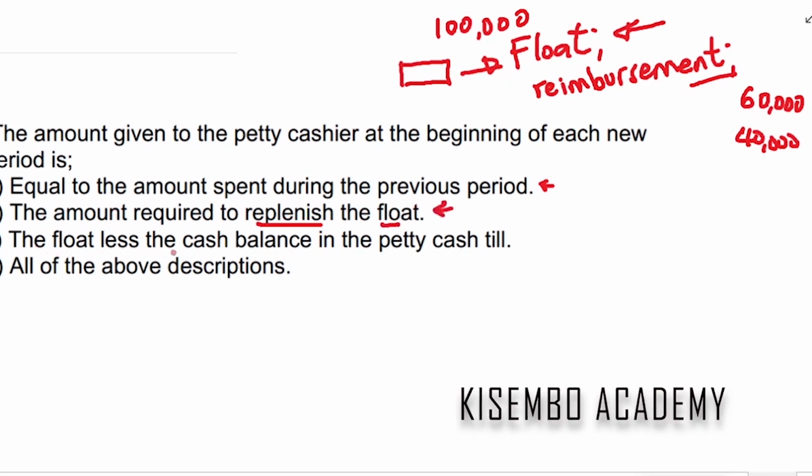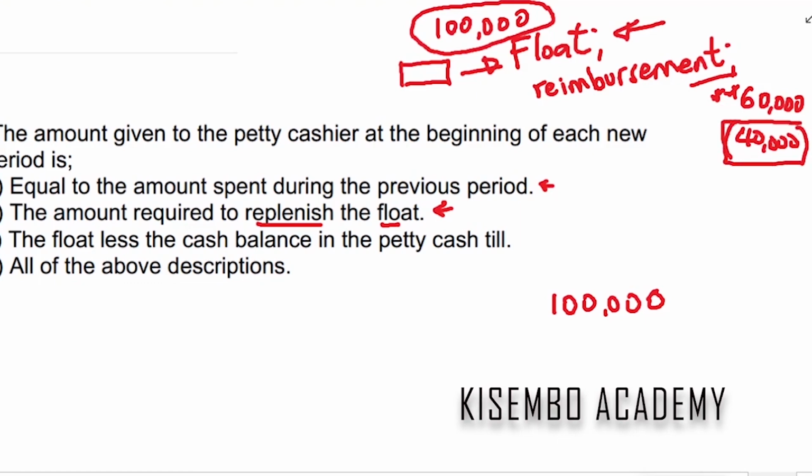The float less the cash balance in the petty cash till. In other words, if you remember, the float is the amount that is supposed to be there at the beginning of every period. So if my float is 100k, and during the period I spent 60,000, it means that in the petty cash till I only have 40,000.